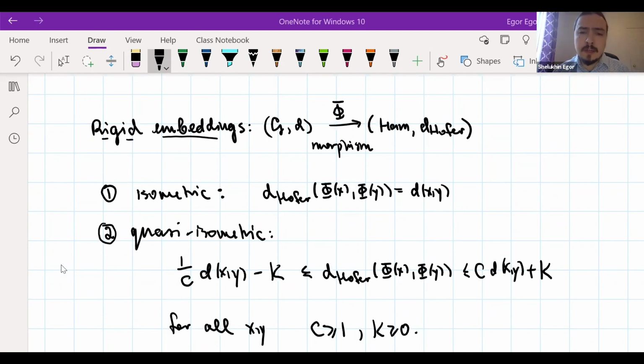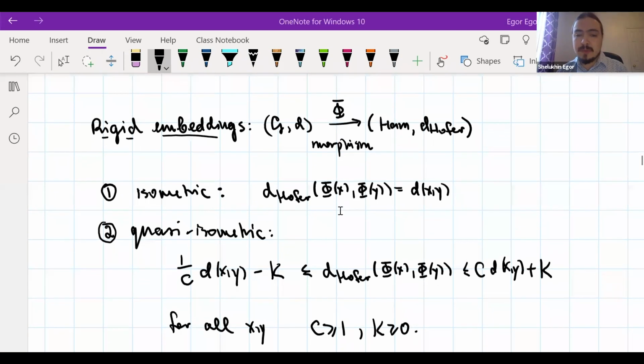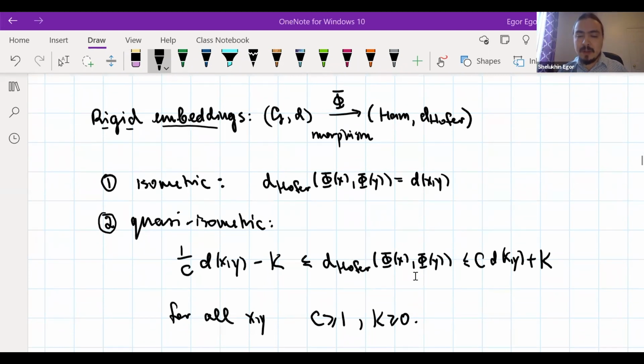And we have a morphism of groups from this G to Ham, right? And so it can be isometric, which means just that the distances are preserved. And it can be quasi-isometric, which means that, well, maybe the distances aren't precisely preserved, but they are up to a multiplicative factor and an additive error. Okay.